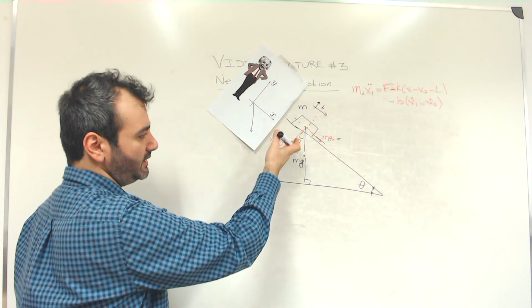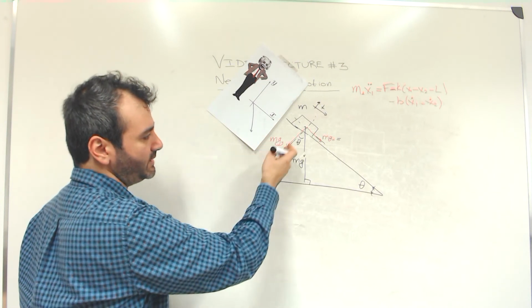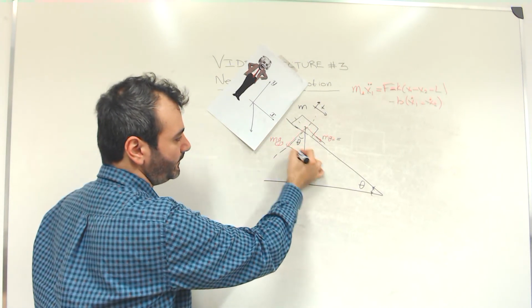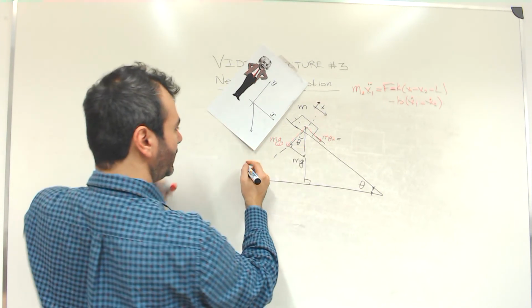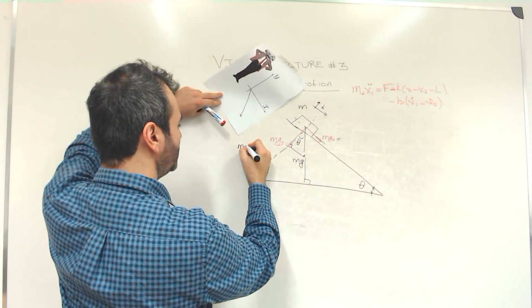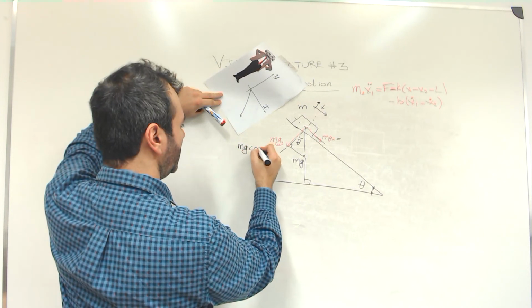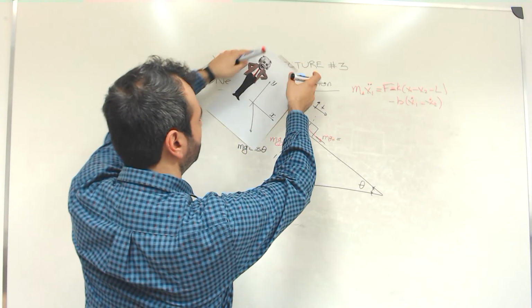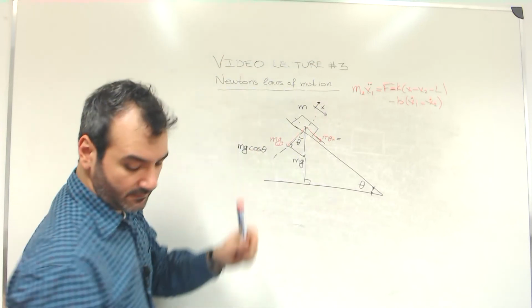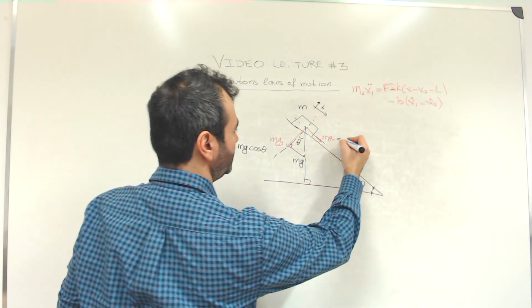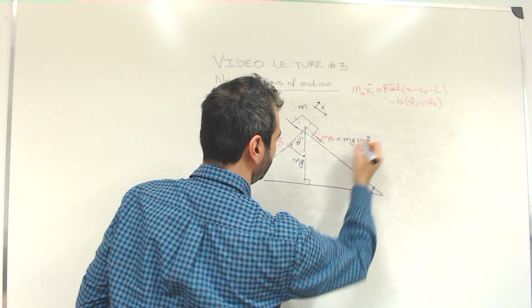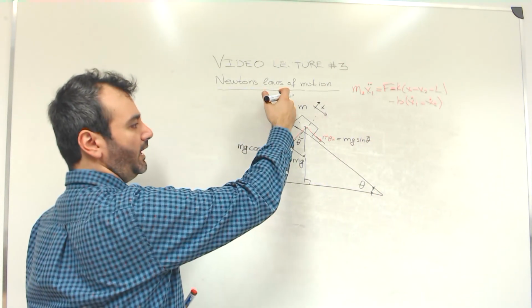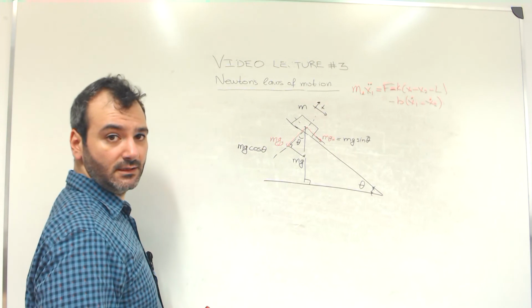This mgy touches the angle in this triangle. Therefore, mgy is equal to mg cosine of theta, whereas mgx is mg times sine of theta. So along this axis, you have what?